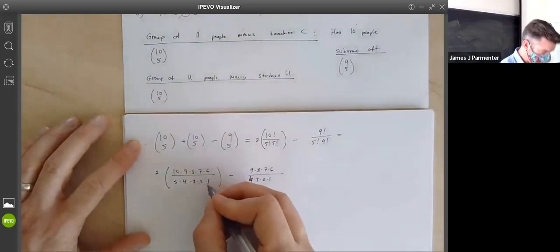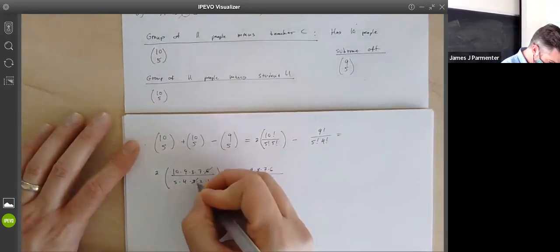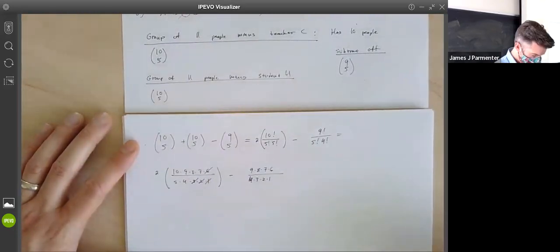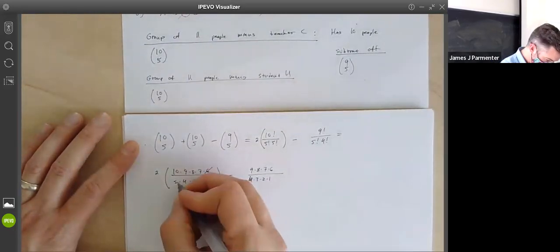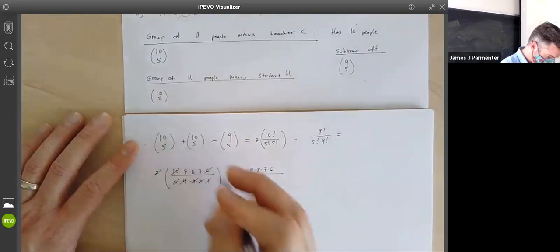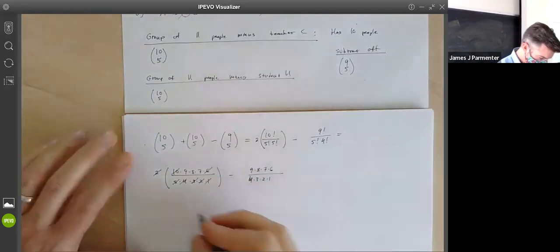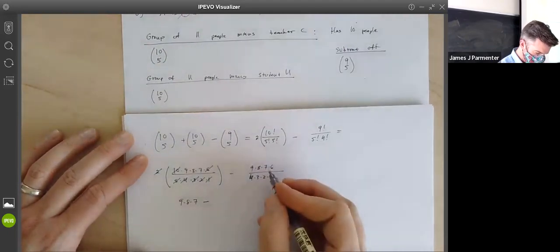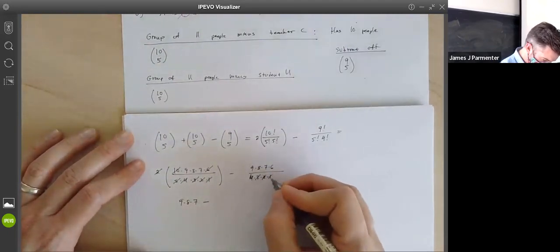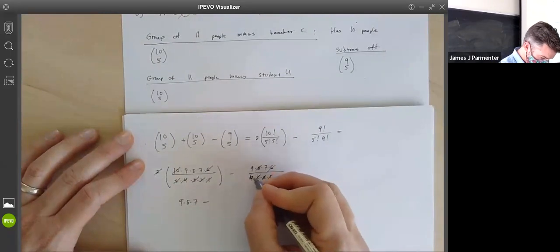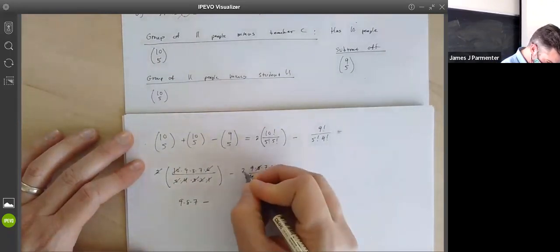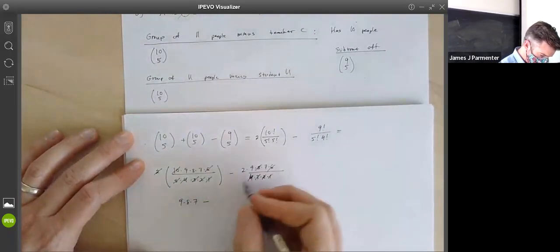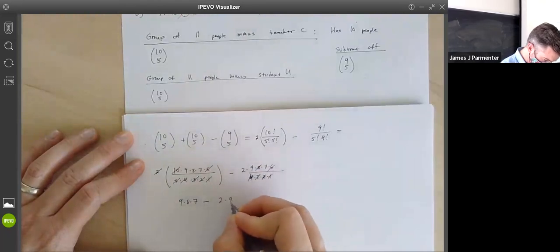So 3 times 2 times 1 is 6. 5 times 4 is 20. Cool. So I've got a 9 times 8 times 7 minus here 3 times 2 times 1 is 6, and 8 over 4 gives me a 2. So I've got 9 times 8 times 7 minus 2 times 9 times 7.